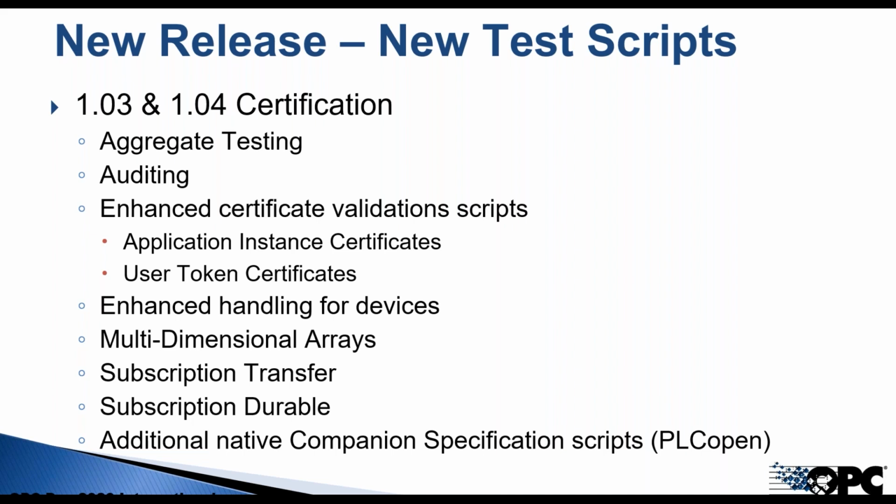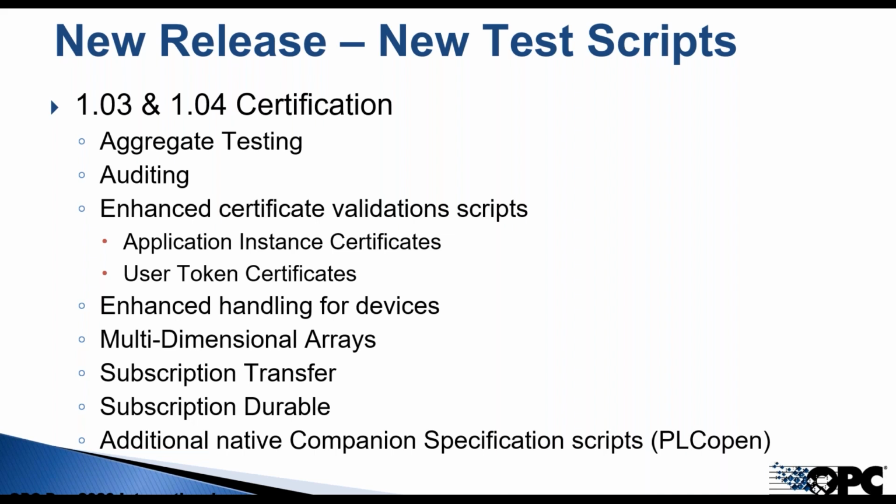So we did add aggregate testing, for example, but also as security is a very important part in OPC UA, we introduced auditing testing as well as enhanced the certificate validation for application instance certificates and user tokens. So we really give that a high priority to ensure that all the products that are being tested and that are being certified are meeting that high security standard of OPC UA.